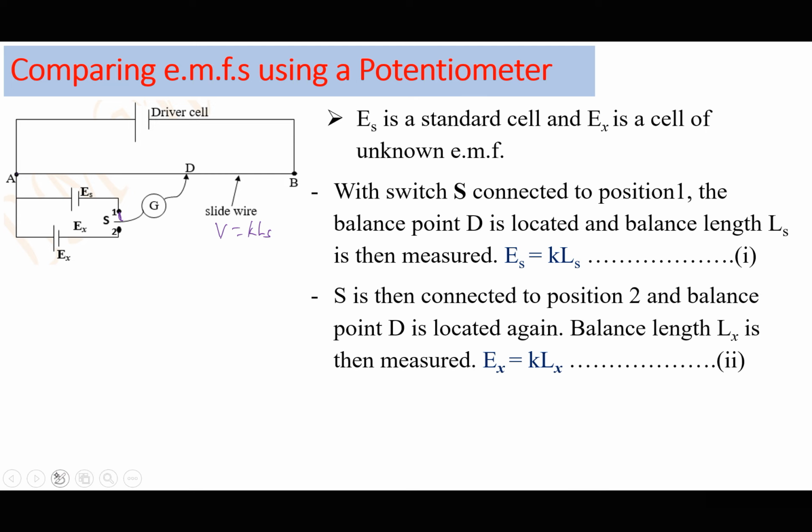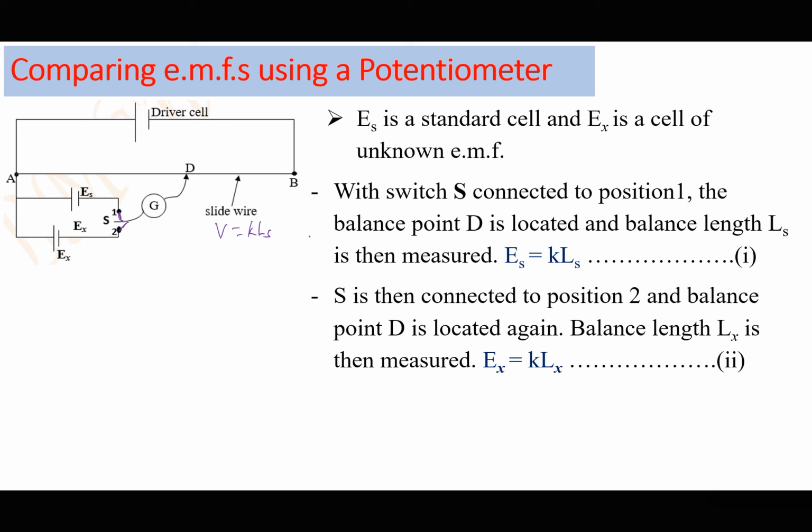If S is then connected to position 2 and the balance point D is located again, the balance length Lx is measured. Now the cell Ex is in parallel with the distance AD, which is Lx. Since V is equal to K times Lx, Ex is going to be K times Lx.